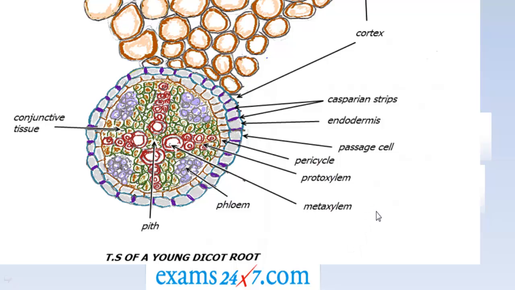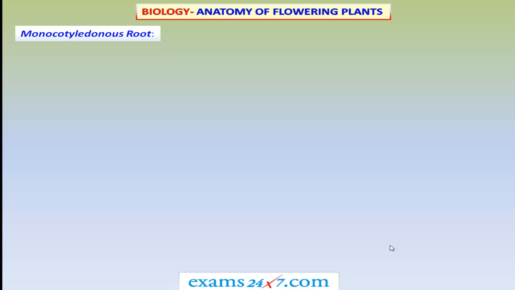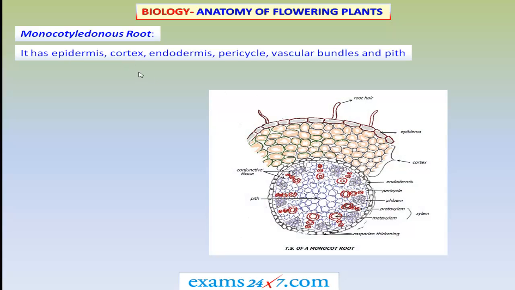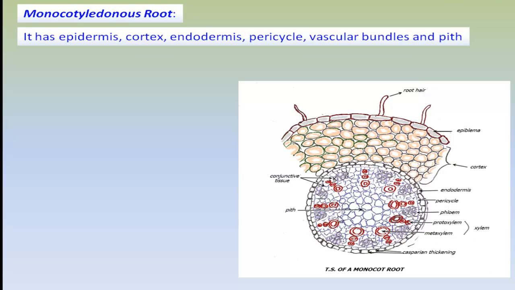Whereas the monocot root in section, just like the dicot root, exhibits similar areas: it has an outer epiblemma, it has a cortex, it shows endodermis, pericycle, vascular bundles within the pith. However, the roots of dicots and monocots do exhibit differences.